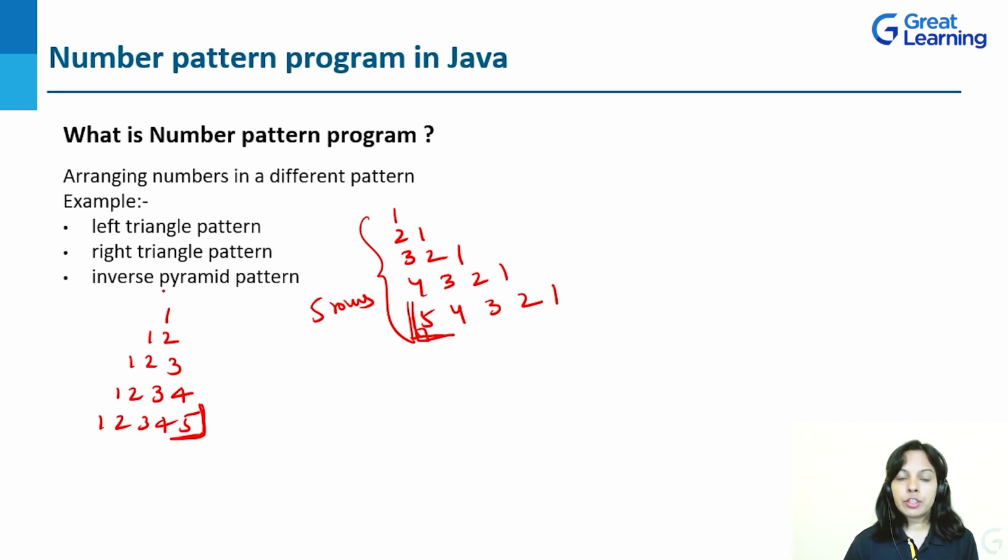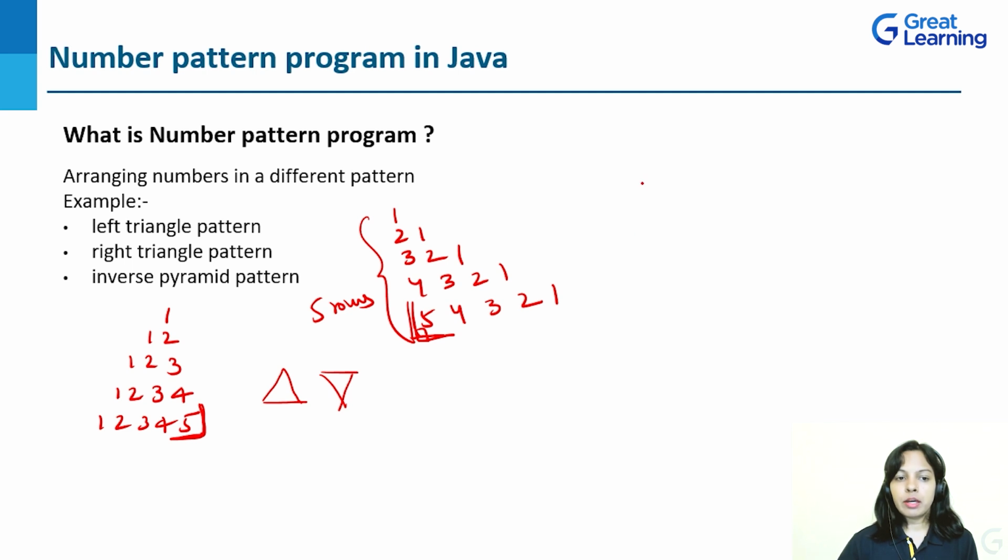Now, if I talk about inverse pyramid pattern, what is an inverse pyramid pattern? You know how a pyramid looks, right? The structure of a pyramid is something like this. But an inverse pyramid is something of this format.